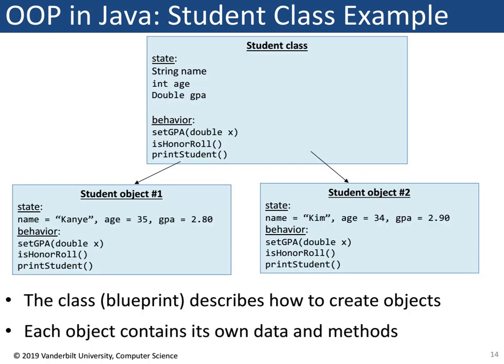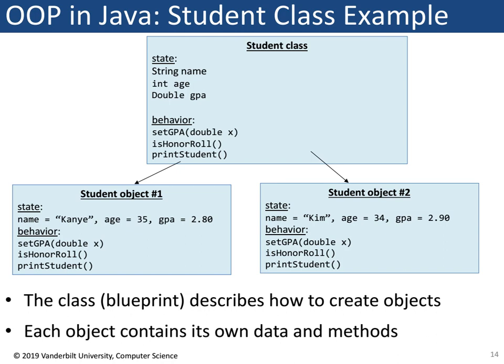Once we've written our student class so that we have our instance variables and our methods, we should be able to instantiate multiple objects so that we have multiple student instances.